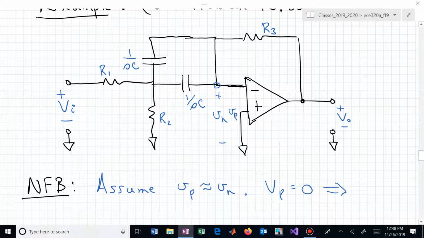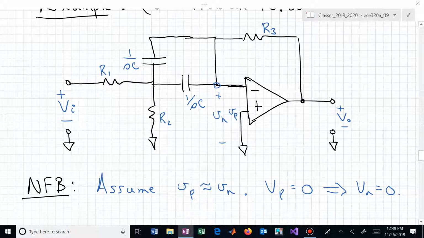Now when we're trying to find a potential across certain elements, we'll be able to use the fact that the inverting pin of our op-amp is at a potential of 0.